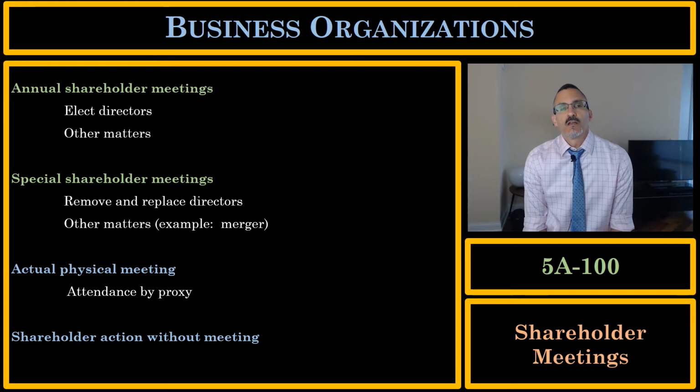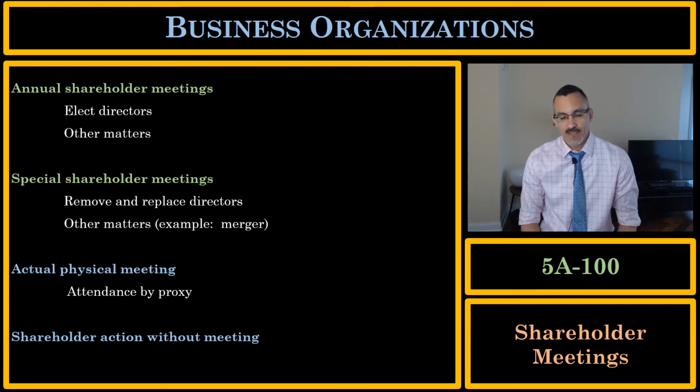All right, so when you have an actual shareholders meeting, a real physical meeting, shareholders do not have to attend in person. They can attend by what we call a proxy, and we'll discuss proxies in more detail a little bit later, but attendance by proxy counts.